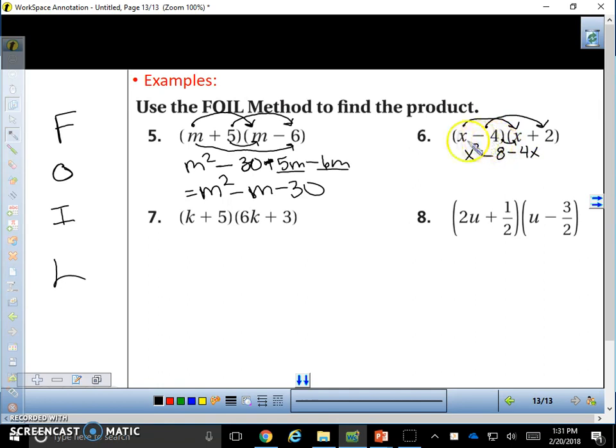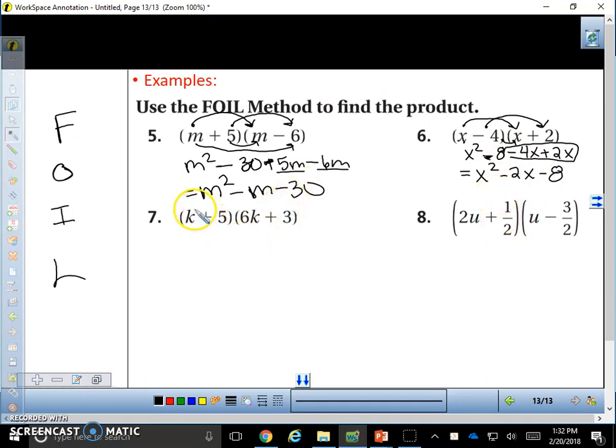Last, x times 2, plus 2x. Combine your like terms and put into standard form. X squared, negative 4x plus 2x is a negative 2x, minus 8. Done.